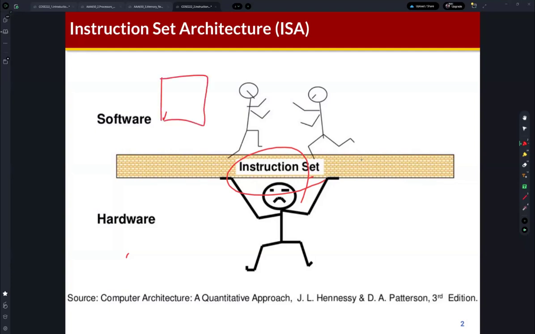In order to understand how a computer works, we need to understand how instructions are processed by a CPU. Because for software, we just write high level language code, like using C or Java. Python is a high level language, but it's an interpreted language, not compiler based. Software engineers just focus on this high level language code, so we can understand easily, and it uses natural language such as English, right?